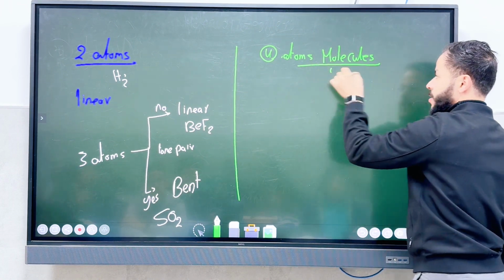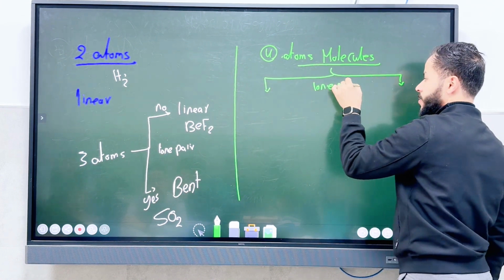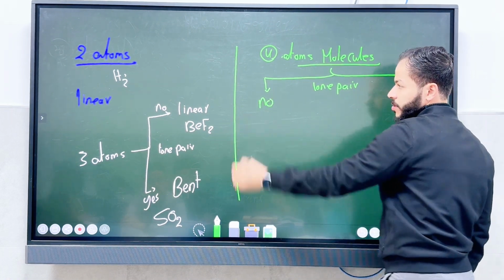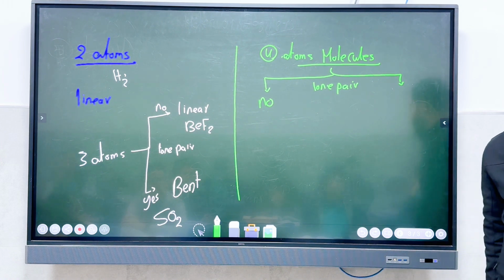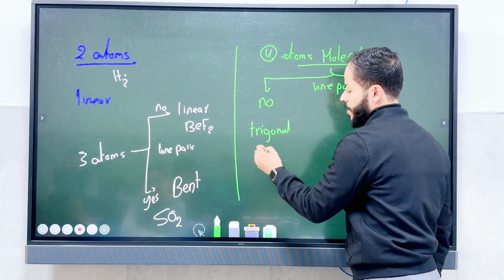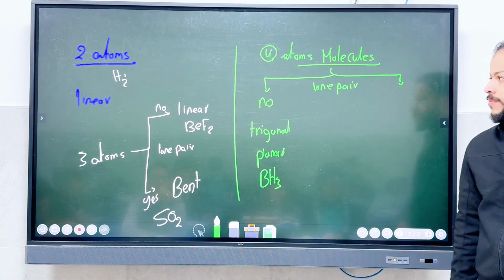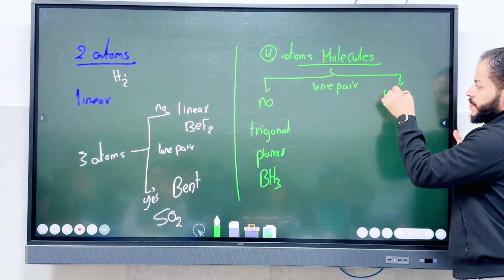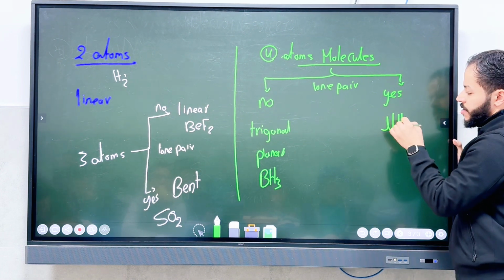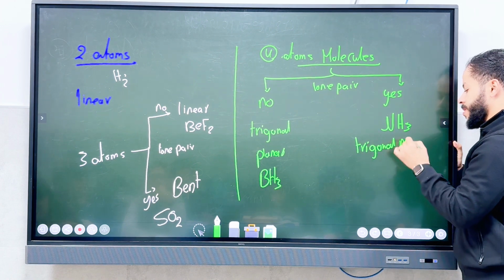If it's a four-atom molecule, I also have to ask myself whether it has a lone pair or not on the central atom. If no, what is the shape of it? Four atoms, trigonal planar. Like what example? PH3. If yes, it's trigonal like NH3 that we just took. It's trigonal pyramidal.